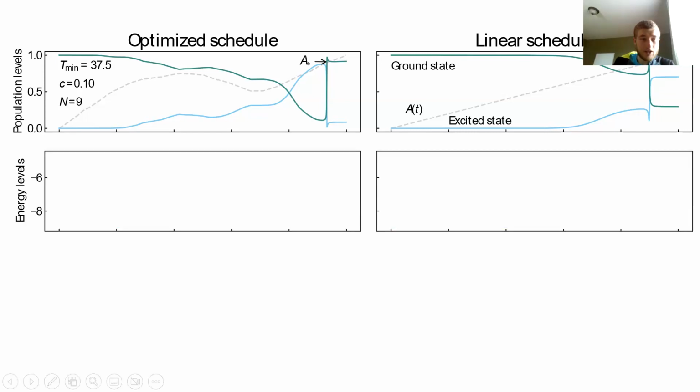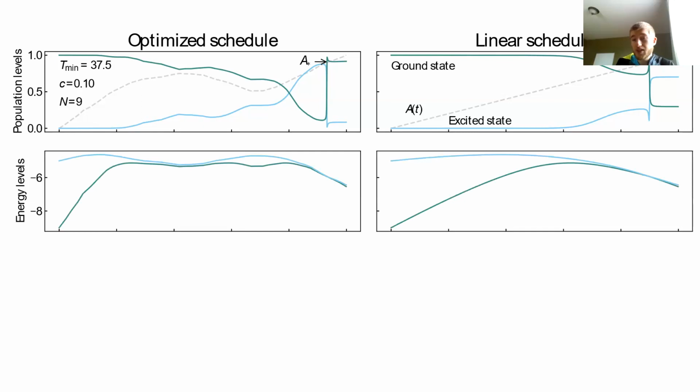So let me just share a few other parts that are relevant to the story here. If you look at the energy levels of the instantaneous Hamiltonian, we get something that looks like this for the ground state energy versus the excited state energy.